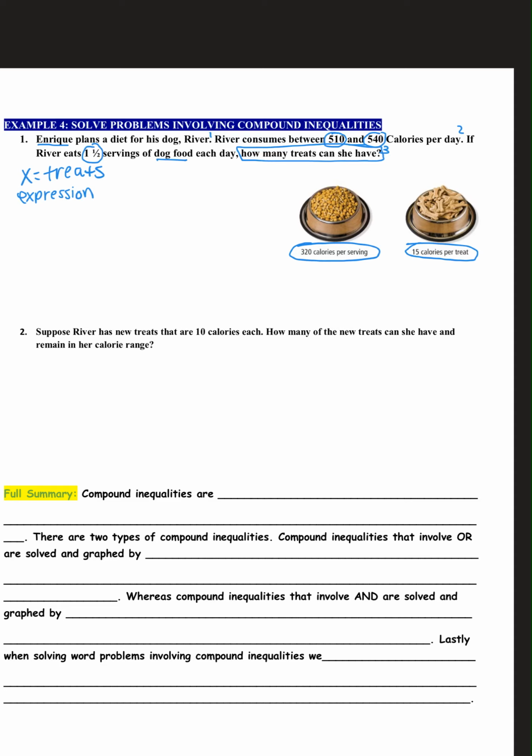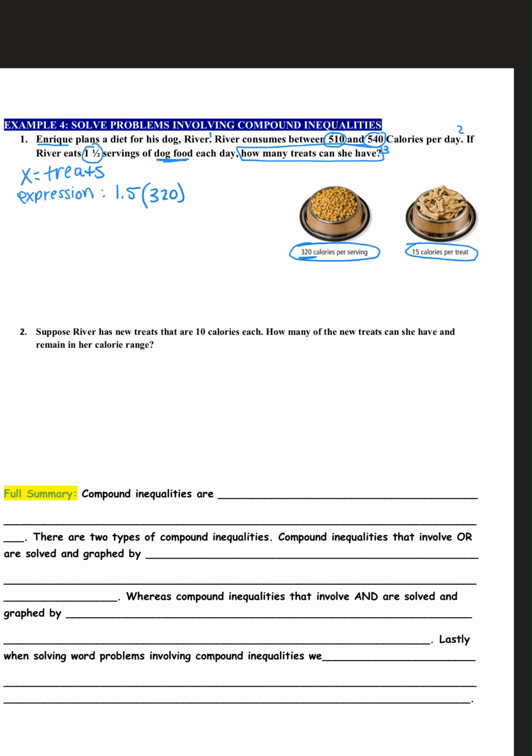So my expression for how many calories she gets to have each day: she's having 1.5 servings, so 1.5 times 320, because that's 1.5 servings of dog food, and the dog food is 320 calories.